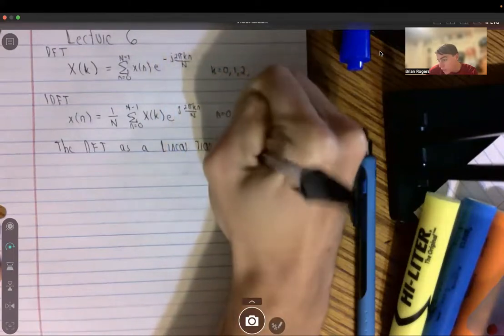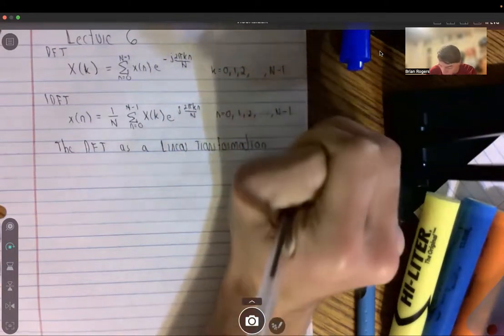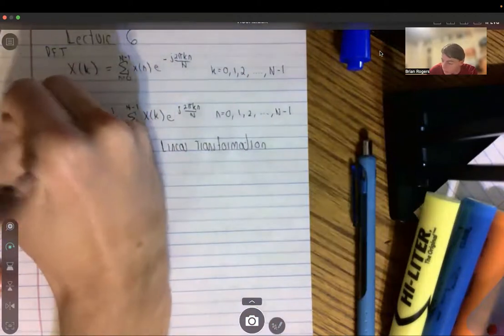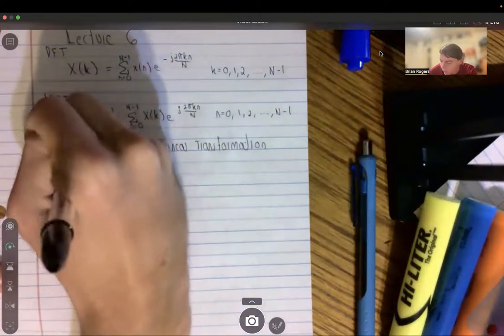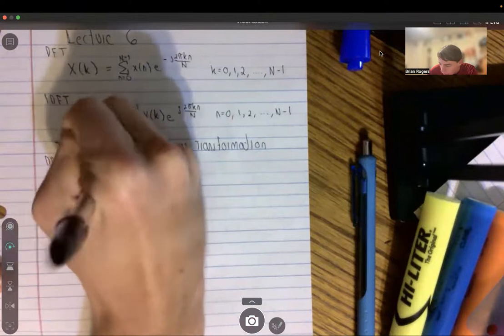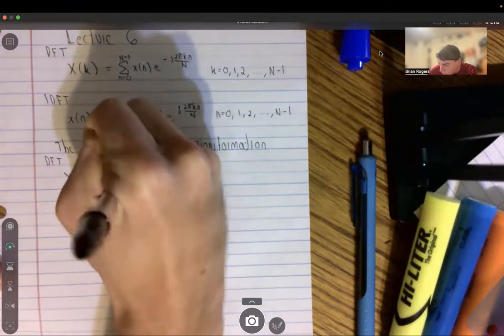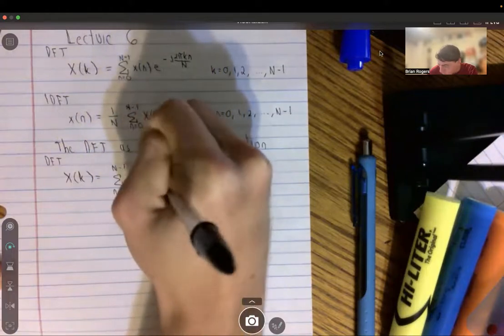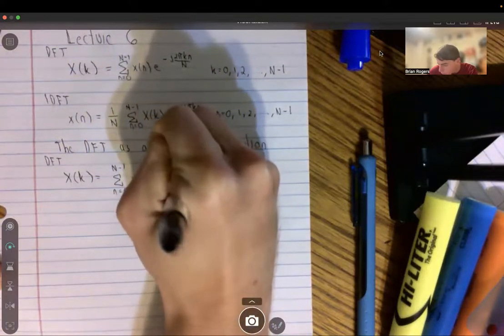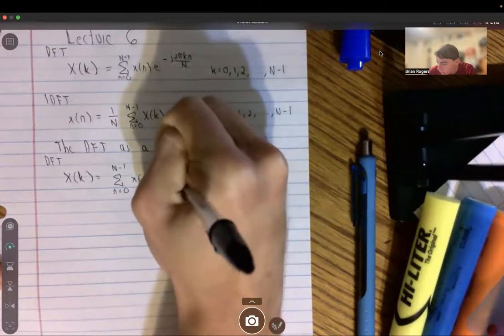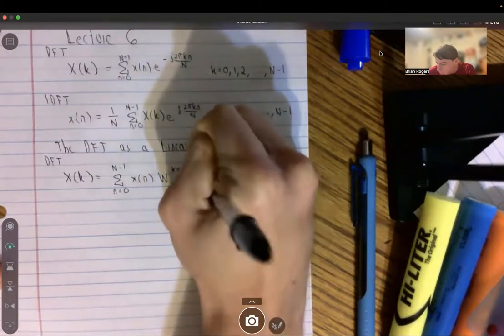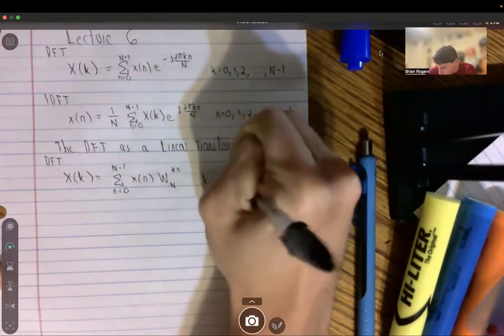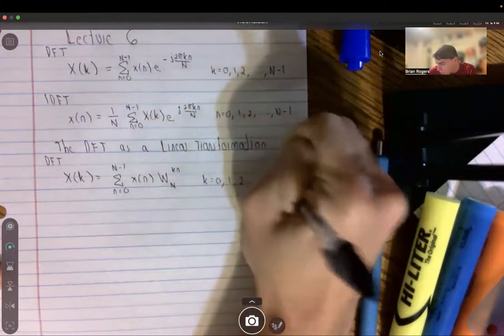So when he refers to linear transformation, he writes the DFT as X of k equals the summation from n equals 0 to N minus 1 of lowercase x of n times capital W_N to the kn, for k equals 0, 1, 2, all the way to N minus 1.